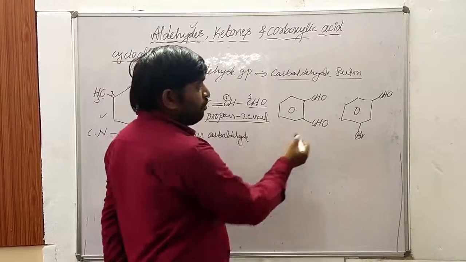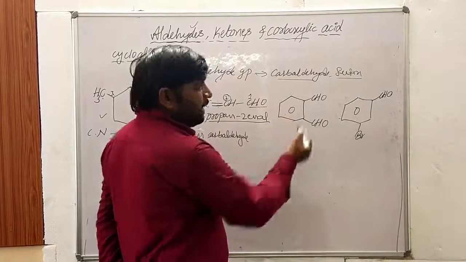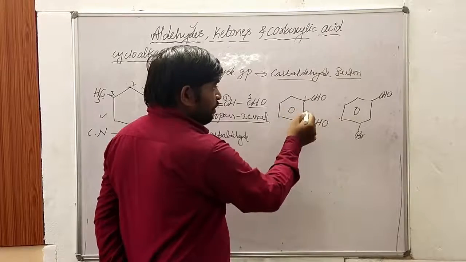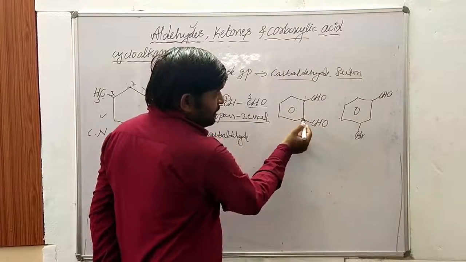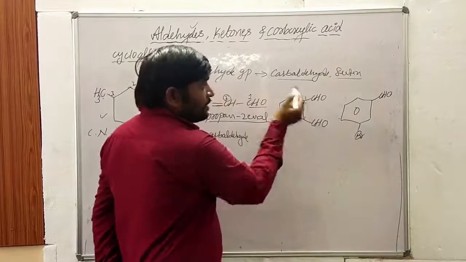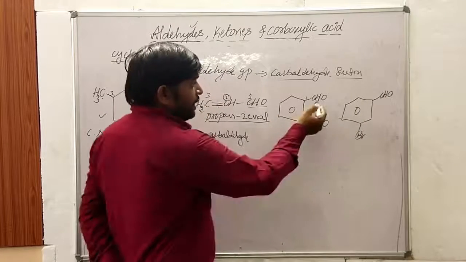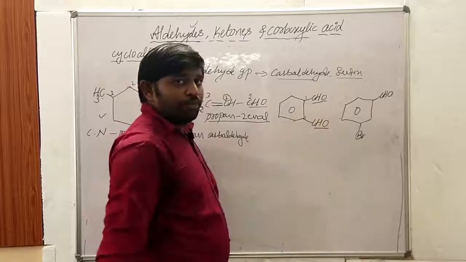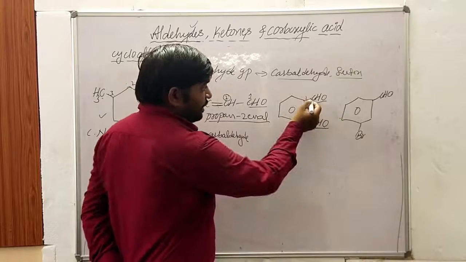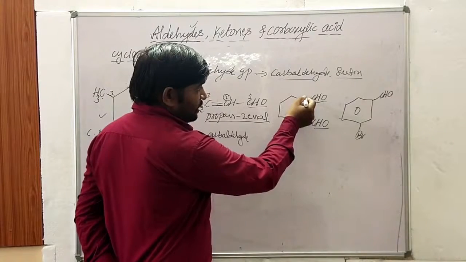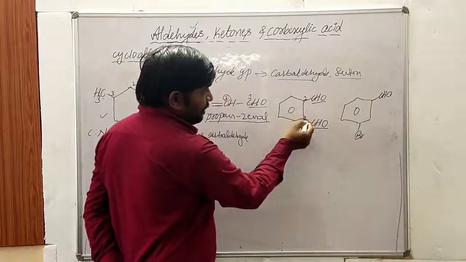Next, let us go for one more molecule, that is benzene dicarbaldehyde. This is carbon atom number 1. Always I told you that either you may consider this as carbon atom number 1 or this as carbon atom number 1. Any one you may choose. Why? Because both are similar groups. Here also aldehyde, here also aldehyde. Both contain the carbonyl group. The carbon atom containing the carbonyl group is linked to this carbon atom. That's why we consider it 1. Next becomes 2.